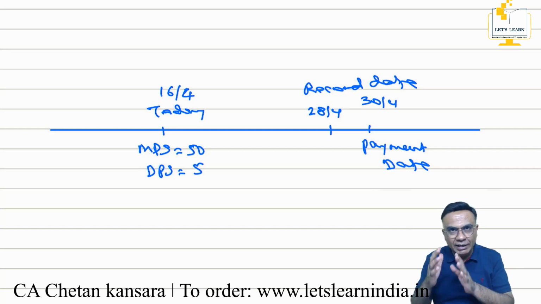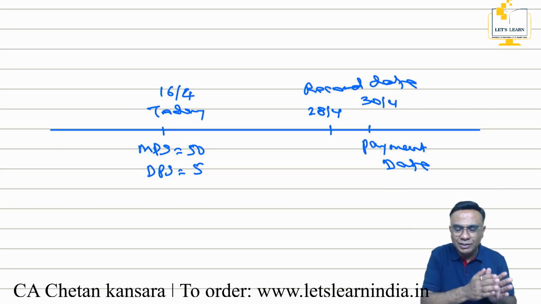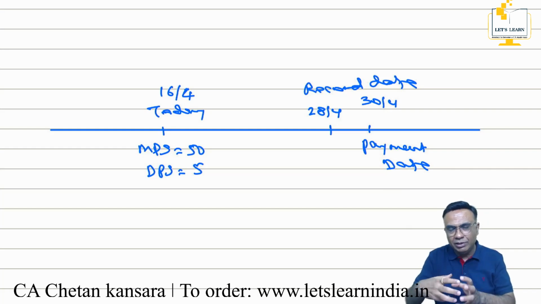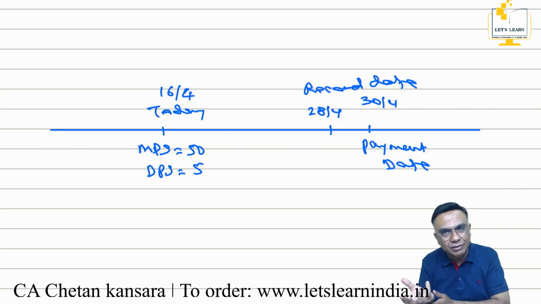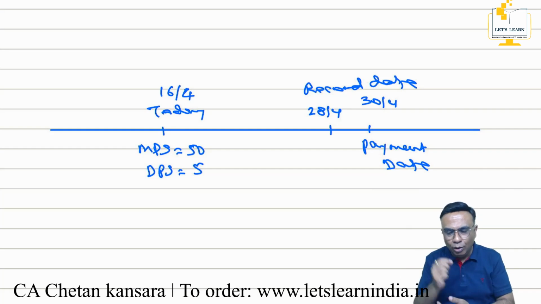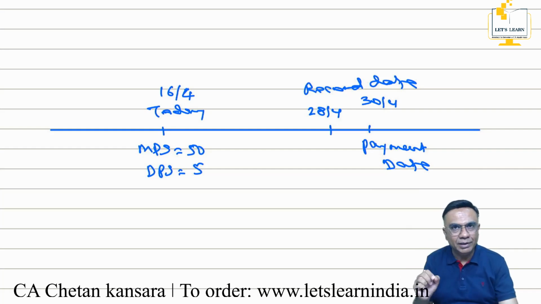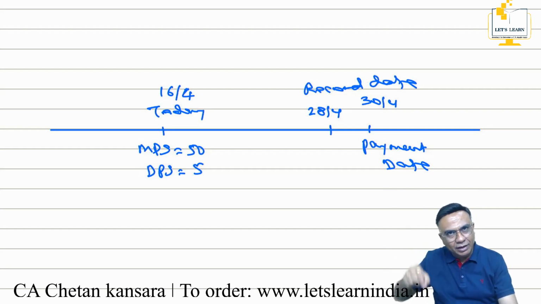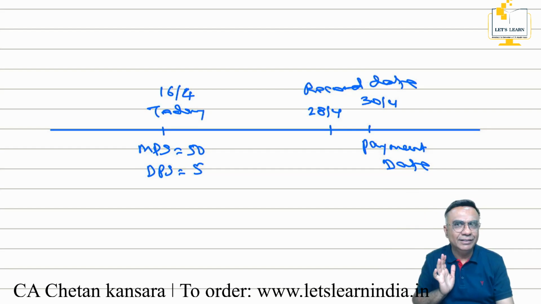For example, in India you have to buy the share one day before. So if you buy the share on 27th, your name in the company's record will be there on 28th. So it depends on the country, correct? But on 28th of April, whoever's name is there in the records of the company will get the dividend.